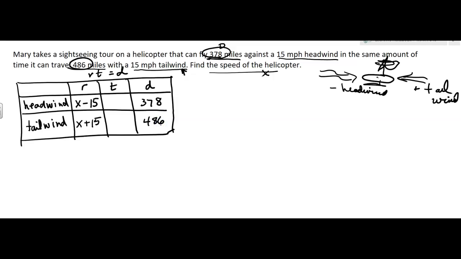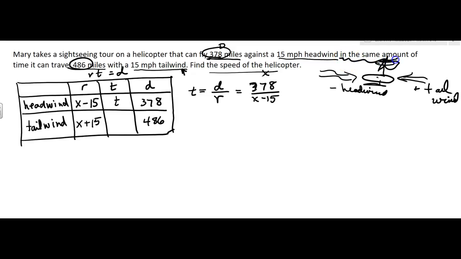So what we have here is t equals distance over rate. So that time is 378 over x minus 15.